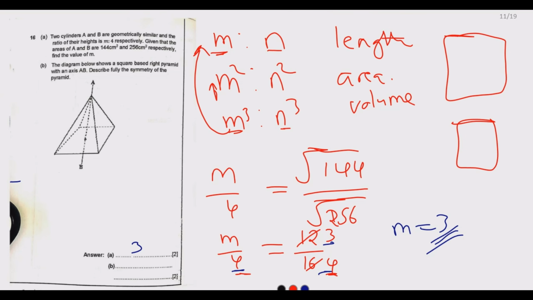The first thing is the center of rotation, which is basically along the axis, along this line. So the rotation is at the axis.